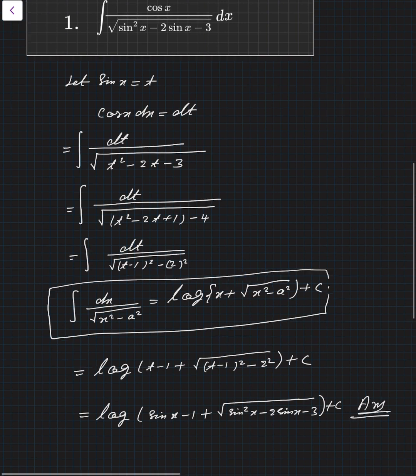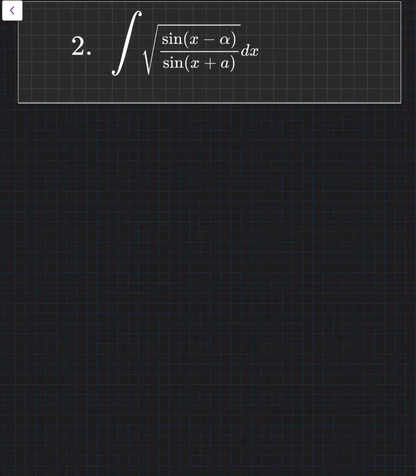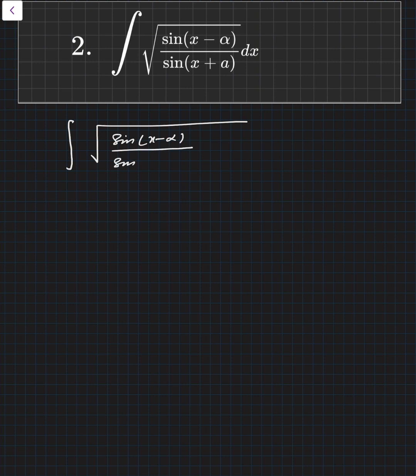Okay, now question number 2. Now question number 2, if you see very carefully, under root, that one is basically written as divided by, okay, now multiply and divide into dx.